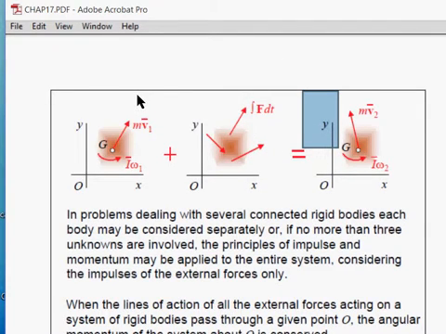So you have m v1 and I omega 1, and the impulse is going to be F delta t or F dt, that we get the one on the side.